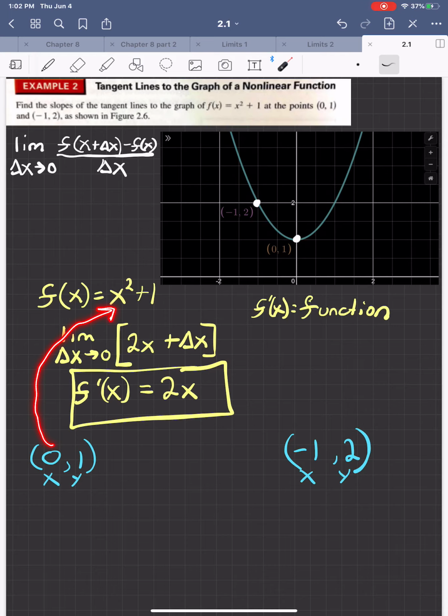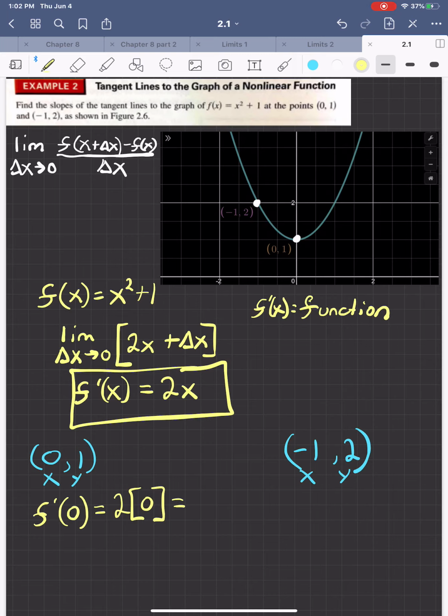If you plug 0 into your original function, it gives you the y value of 1. But if you plug that same x value into your derivative, let's see what that would be. f prime of 0 simply means that we're plugging 0 in for x in our derivative. That's just 2 times 0, or 0.